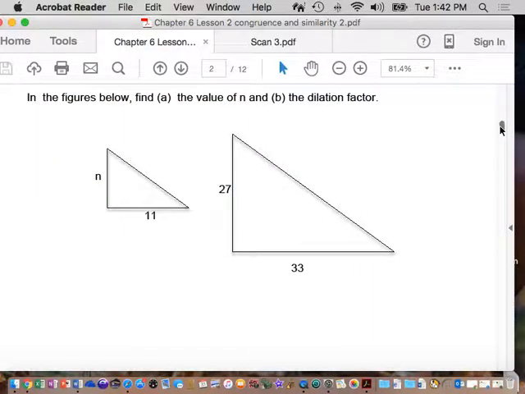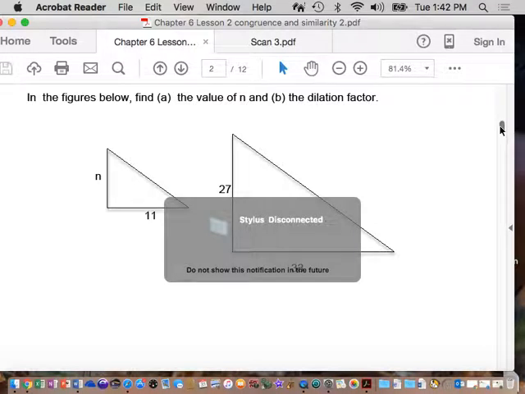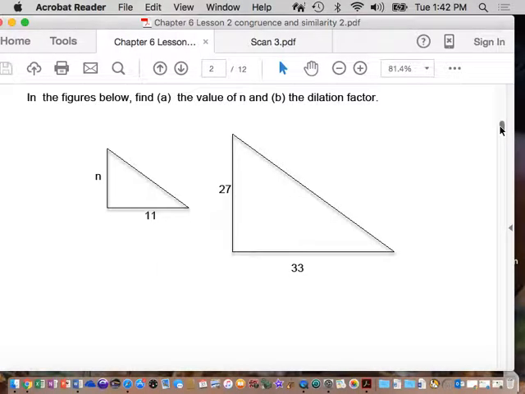Let's do littlest to big on this guy again. Go ahead. Find the length of n.